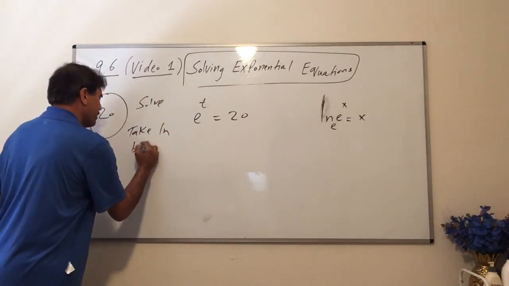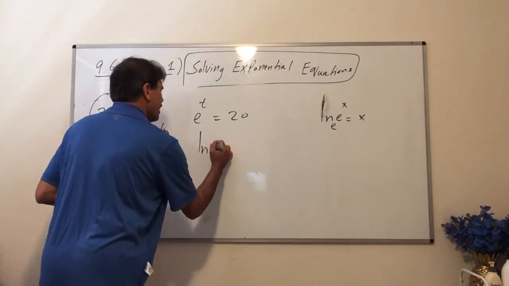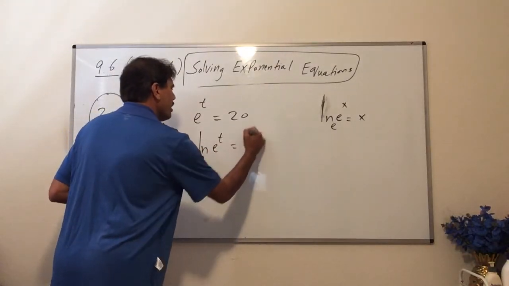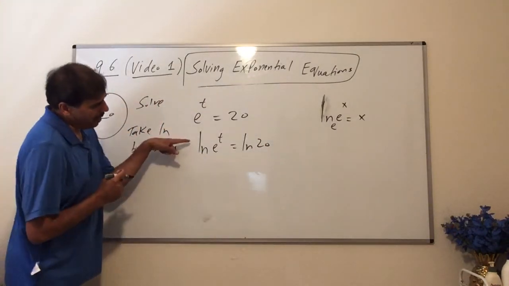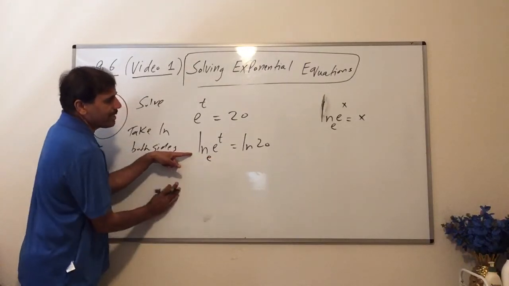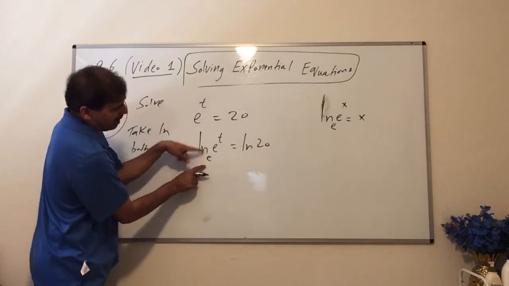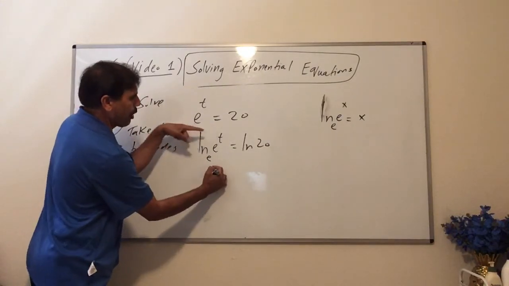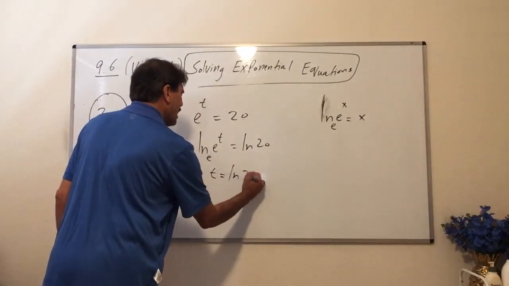So look here: ln e to the power t equals ln of 20. We also know ln is the same as log base e, the natural log. Then the rule is when ln has the same base as the value, this is always t. Then t equals ln of 20.